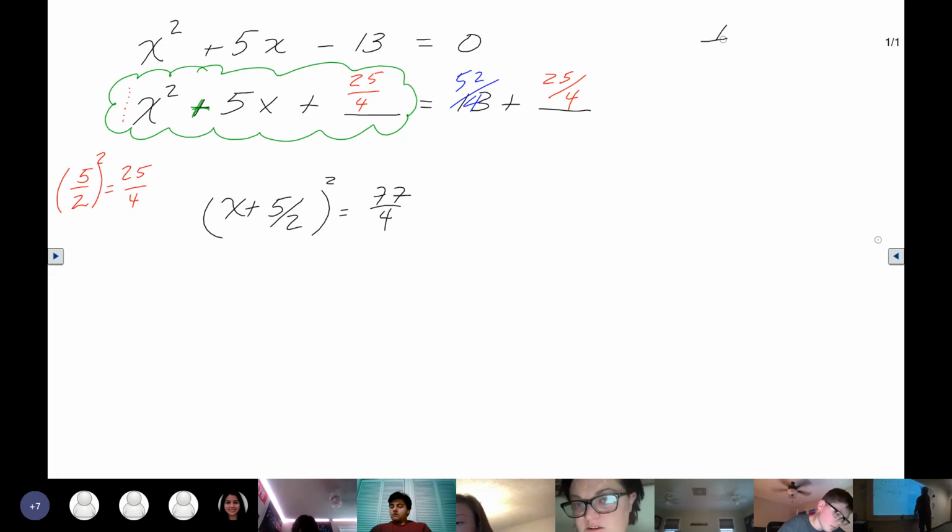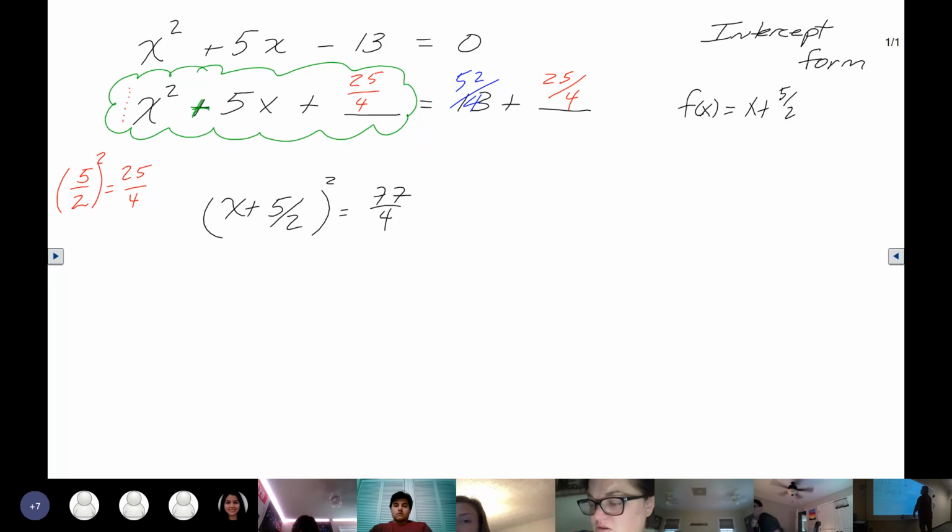So vertex form, which the homework and the test may ask for, is f of x is equal to (x plus 5/2) squared minus 77/4, or your horizontal shift is to the left 5/2 and down 77/4.